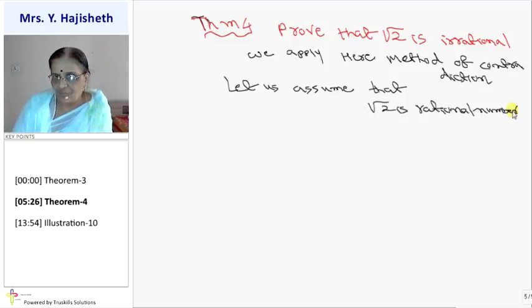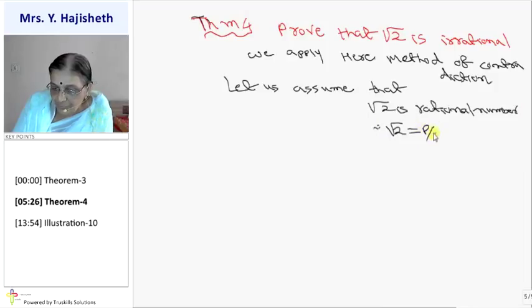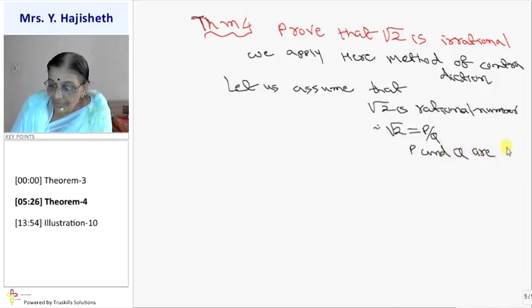Now I start the proof. Let us assume that root 2 is a rational number. Therefore, I can write root 2 as P by Q, where P and Q are integers and they are co-prime.